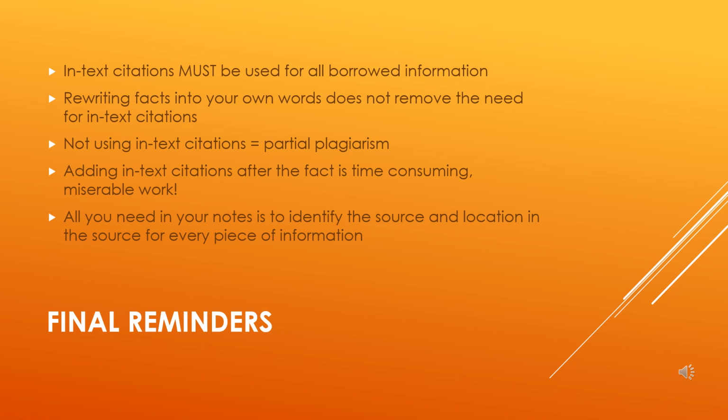It is no fun having to go back through an ebook chapter by chapter, hunting for the piece of information that came from that book, but you need a page number in order to cite it in your paper. Guys, this is the absolute worst experience, okay? Do not do this to yourselves. Keep track of your source and location information as you take notes.